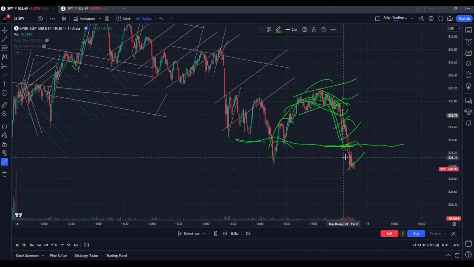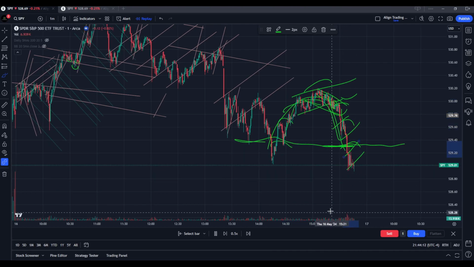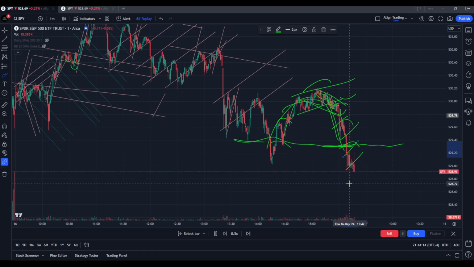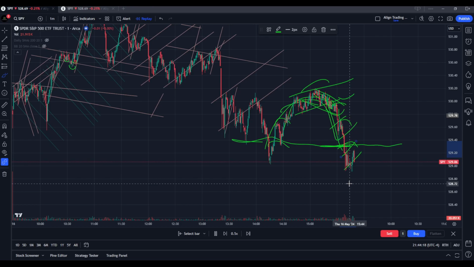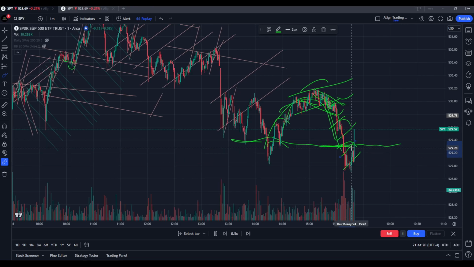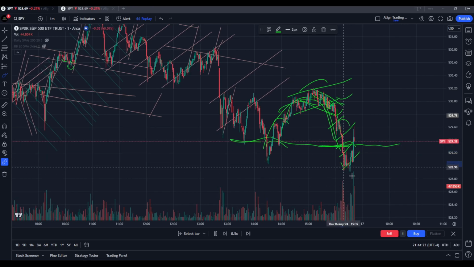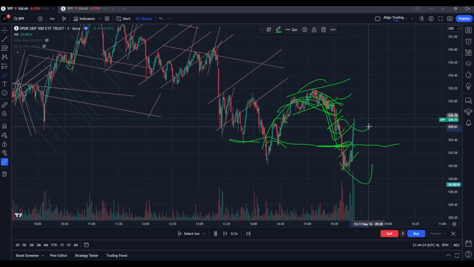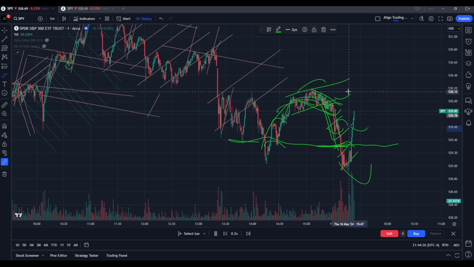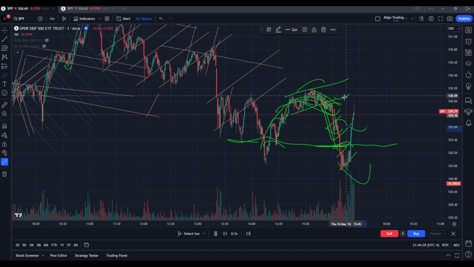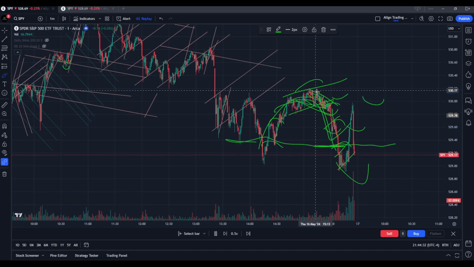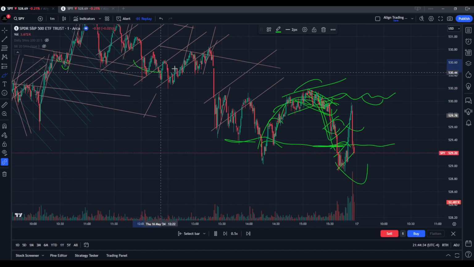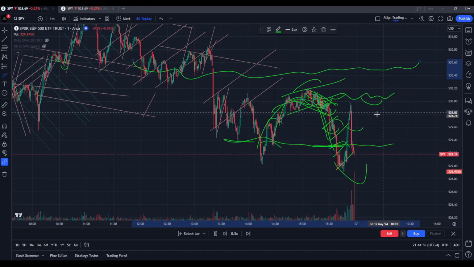And now same thing, this algorithm once again, if it wants to go lower, and it is trying now to come back up and grab the liquidity. For me to be bullish, I would want to see it regain that level right here and then this level up here still.